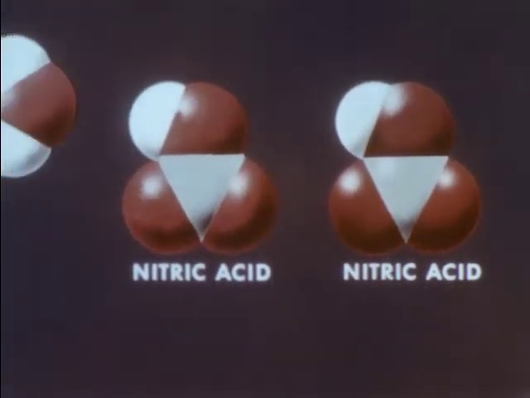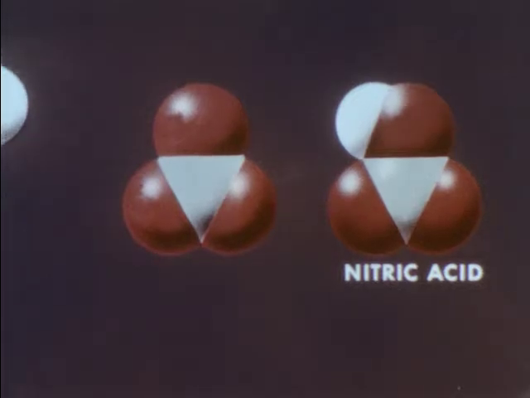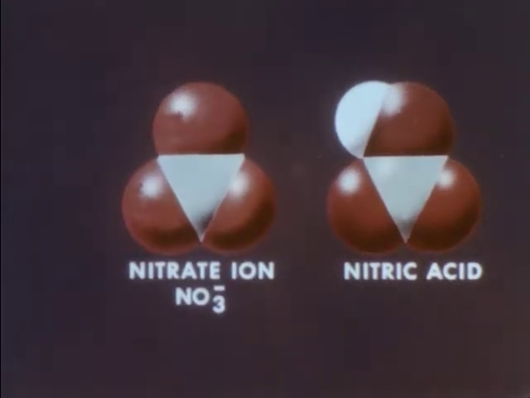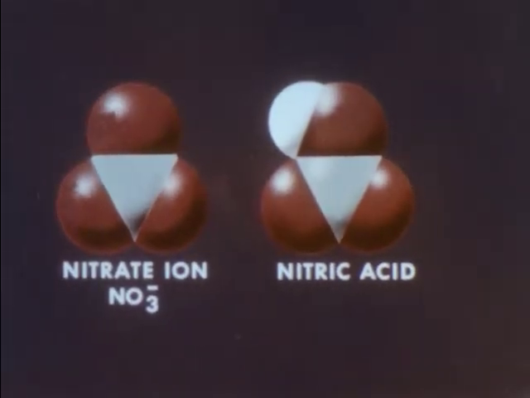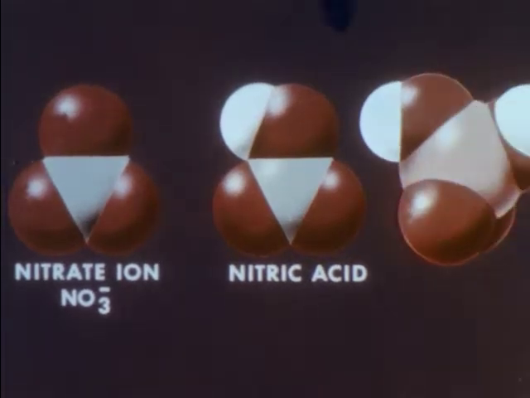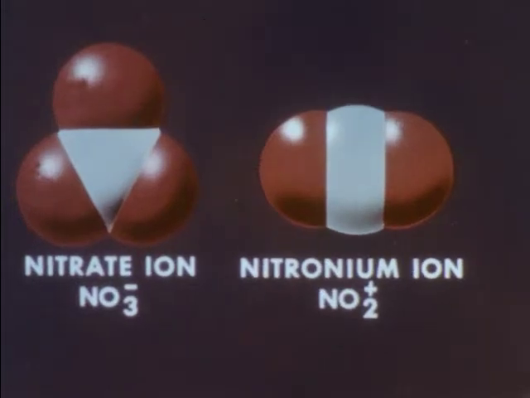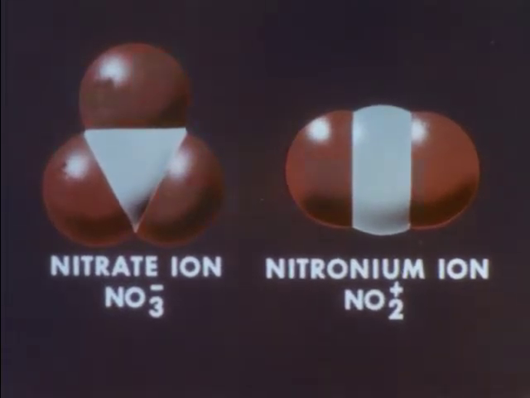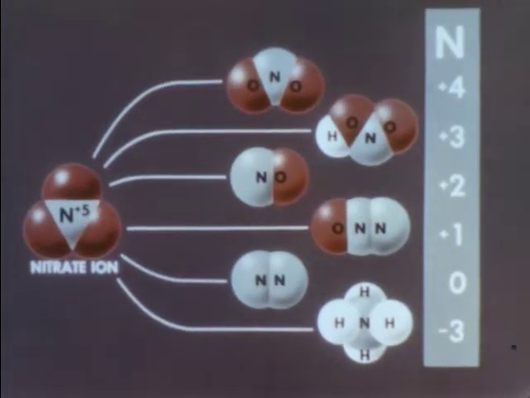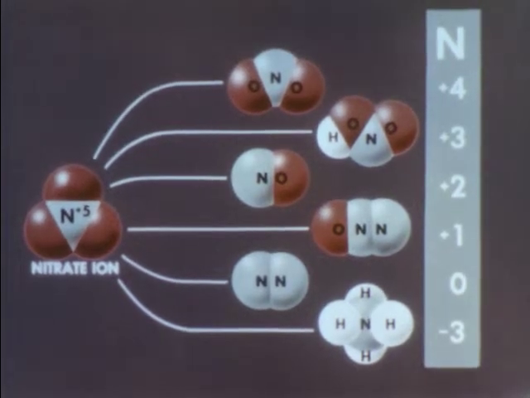Acting as an acid, nitric acid donates its proton to a base and forms the nitrate ion. Acting as a base, nitric acid accepts a proton from a stronger acid, splits out water, and forms the nitronium ion.